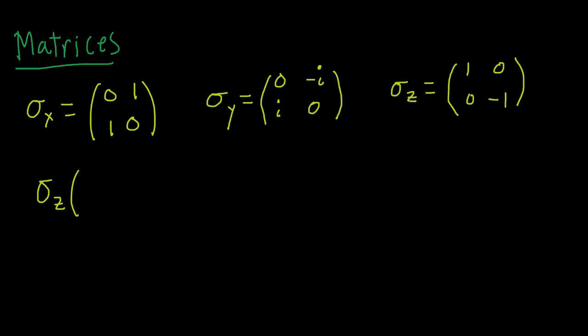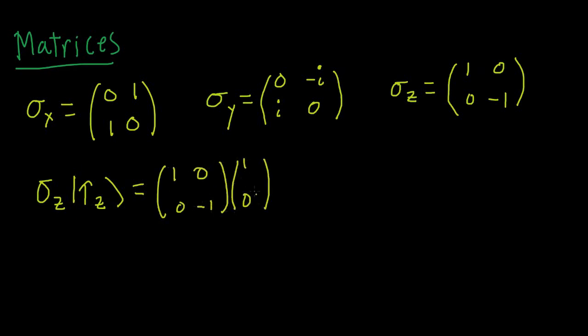Oh, I might as well just, okay. Sigma sub z acting on the spin up vector. This is just 1, 0, 0, negative 1 acting on 1, 0. You can just multiply this number by this number and this number by this number. That's just a simple thing about using completely diagonal matrices. So 1 times 1 is, sorry, why did I write 0 there?